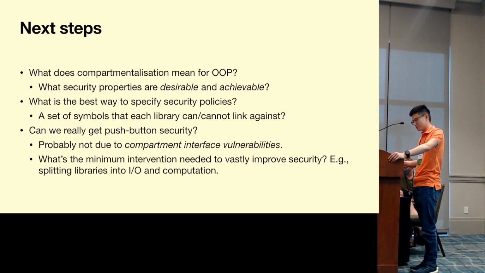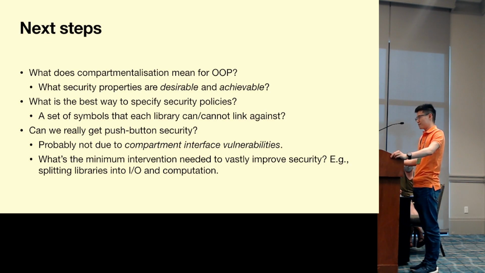The next question is, what is the best way to specify security policies? Can it just be a set of symbols that each library can or cannot link against? Lastly, can we really get this sort of automatic push-button security? Can we just run any software in compartmentalization mode and get better security? Probably not, due to this thing called compartment interface vulnerabilities, which I have cited in my paper.